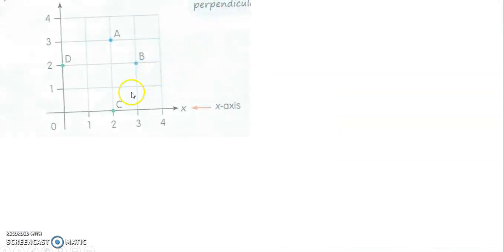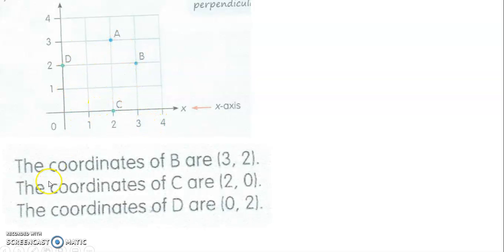I want you to look at these coordinates. The coordinates of B are 3, 2. Where is the point B on the grid? It's here. This point is 3, 2 on the coordinates, which means 3 on the x-axis and 2 on the y-axis.